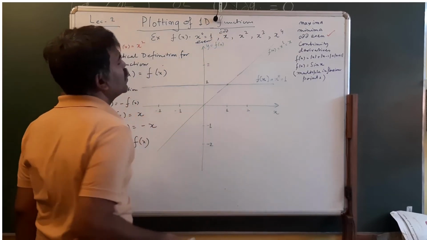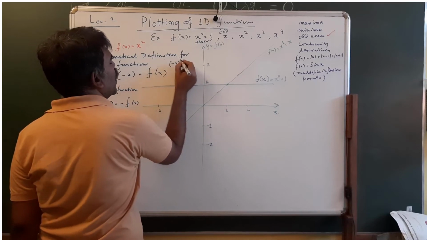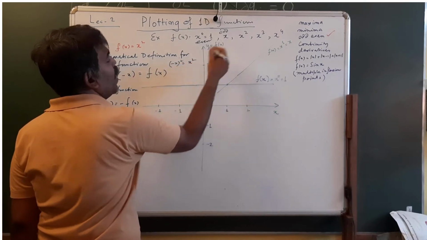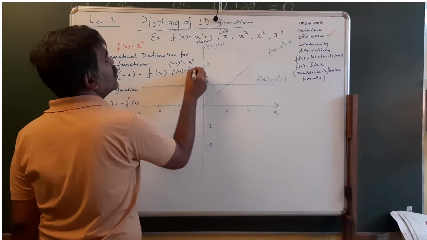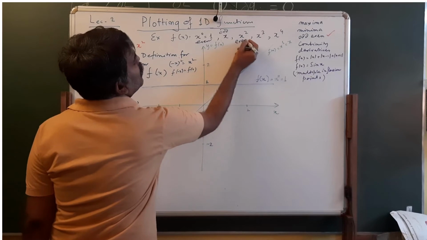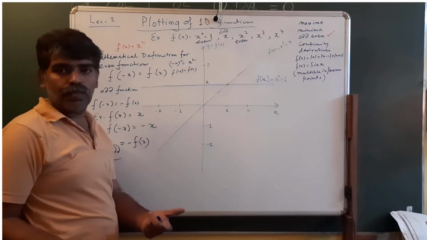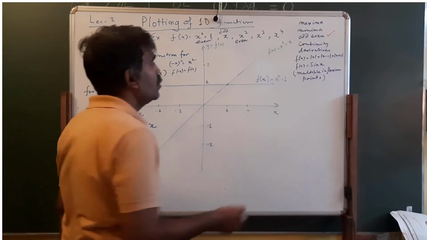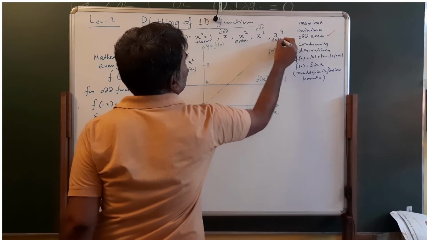What about this one, x squared? Test it. Very simple. Minus x whole squared is x squared. You get back the function. So f(-x) equals f(x). So that's even. This one minus x whole cubed is minus of x cubed. So that's odd. And this one is even.